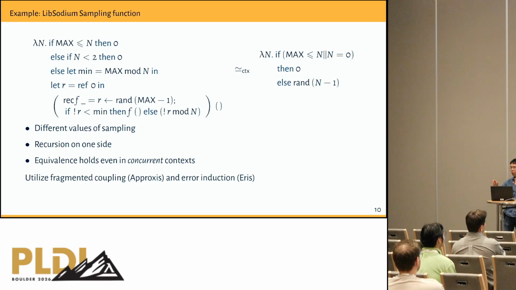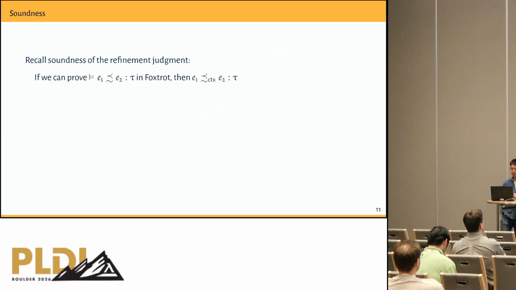Now that I've given you a taste of the examples we can prove, I want to take a step back and talk a little bit about the details of the model of Foxtrot. Recall that the soundness theorem of Foxtrot says that if you can prove this refinement judgment in the logic, that would imply contextual refinement in the meta logic.